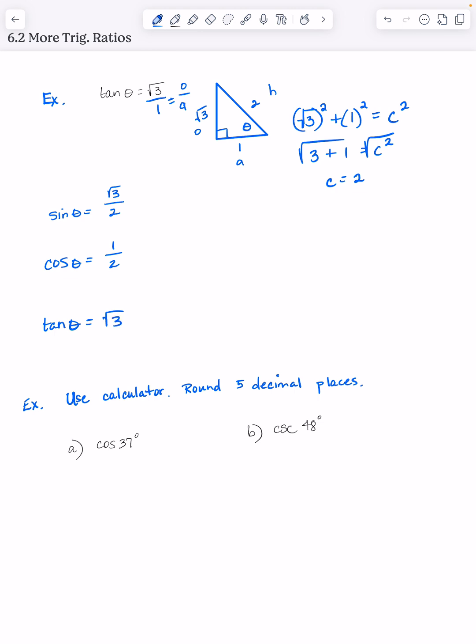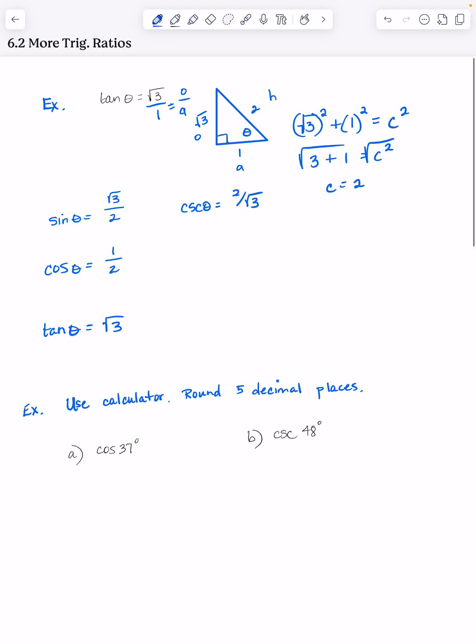And then the reciprocals, I'm just going to flip these. So I've got cosecant of theta is 2 over the square root of 3. I've got secant is 2 over 1, and cotangent is 1 over the square root of 3. Alright, so there are my 6 trig ratios, and I'm given one of the ratios and I have to find the other 5.